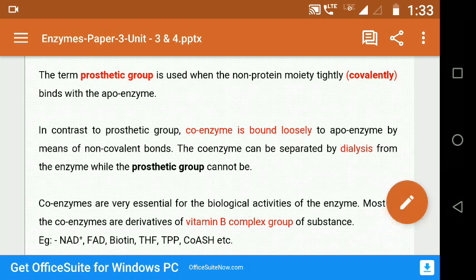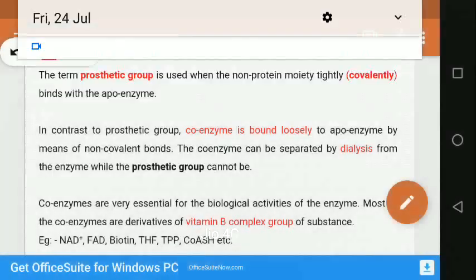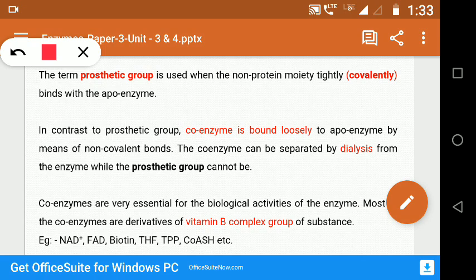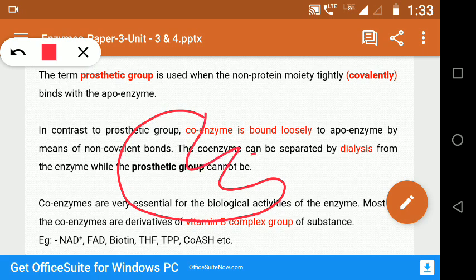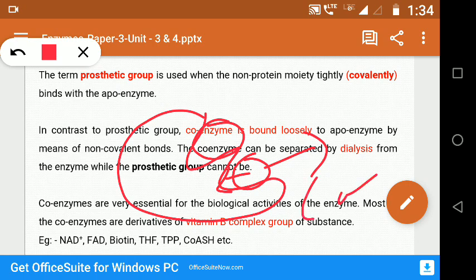The next term we have to discuss is the prosthetic group. We already discussed the coenzyme. The coenzyme binds here and the substrate binds here. If this coenzyme is bound loosely to the enzyme, it is called a coenzyme.